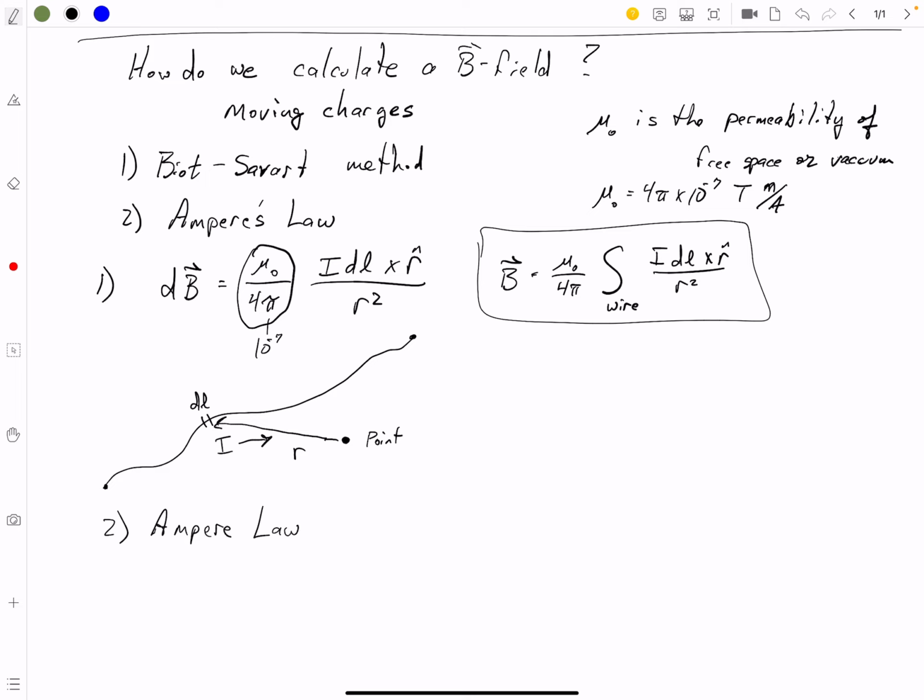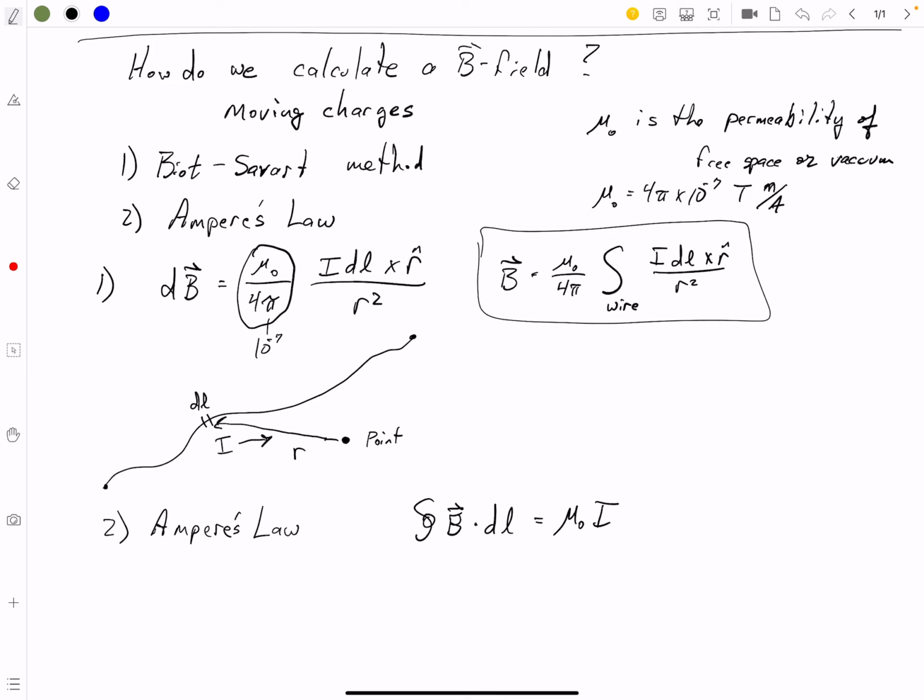So we can do Ampere's law, and this is a lot easier. What are we doing? We're just saying, okay, I've got some B field, and I've got a closed loop around the B field. My closed loop I'm going to make easy to figure out.